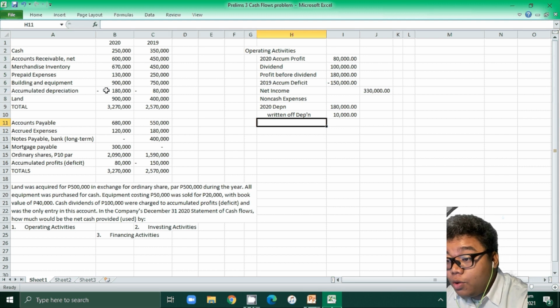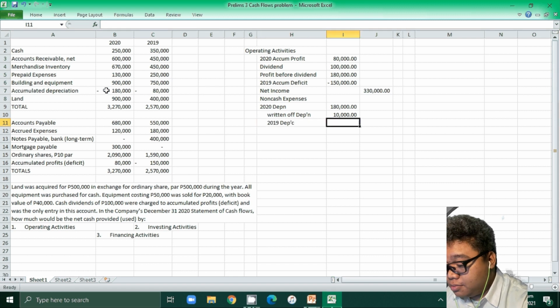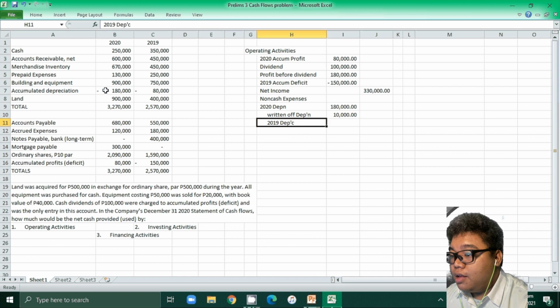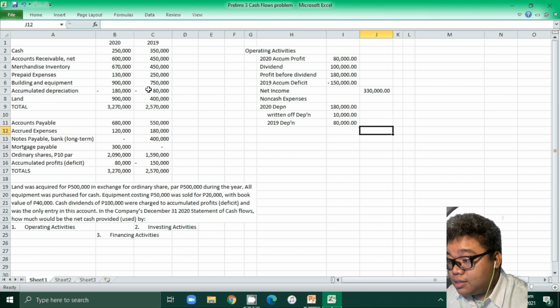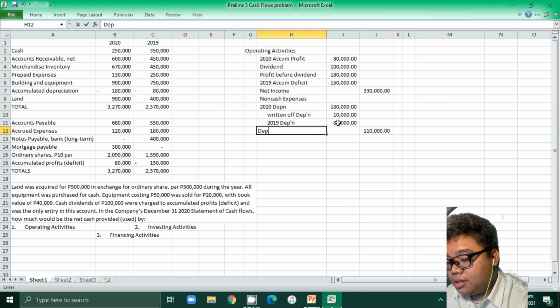And then we will compare this with the beginning depreciation of how much? 80,000. So now our depreciation expense is 180 plus the 10,000 minus 80,000, 110,000.